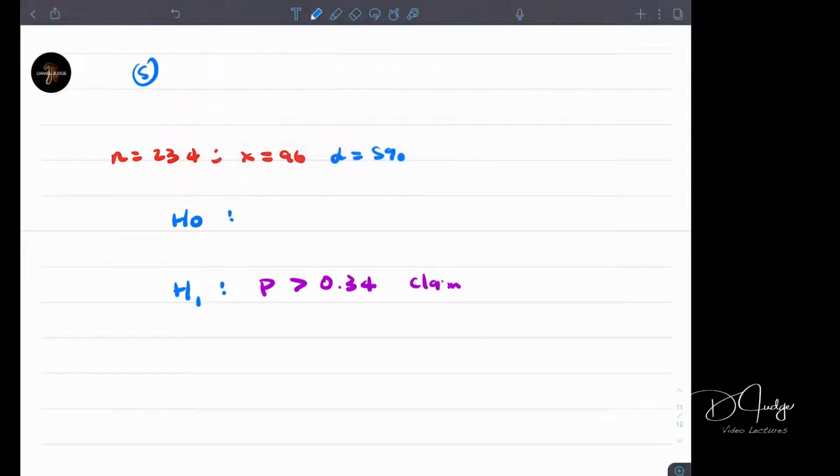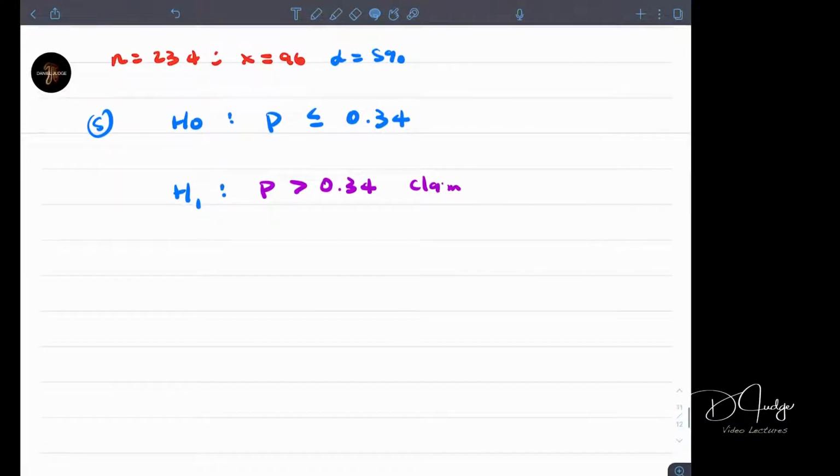So remember, the logical opposite is going to be less than or equal to 0.34. Okay, logical opposite. Let's move number 5 down. Okay? So there we go.